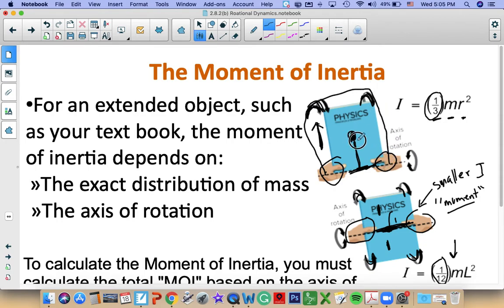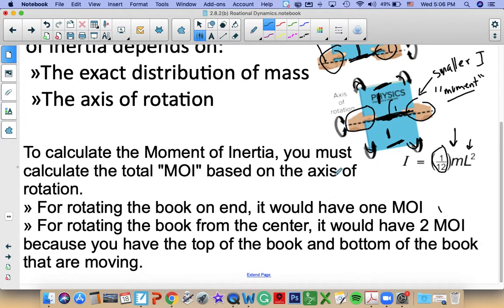So really I just have one mass that's rotating away from my hands. So for this one, we would have to consider the mass on this side of the axis of rotation and the mass on that side of the axis of rotation, which is equal since I'm in the center. So that's what that L squared stands for. We have the top of the book and the bottom of the book that are rotating, so we'd have to account for both of those masses.